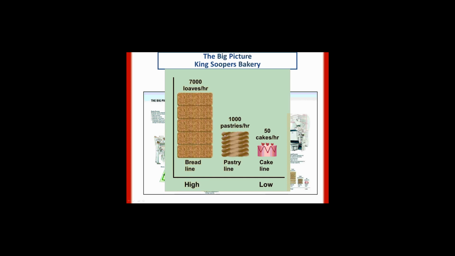The second line is the pastry line. Pastry line is considered maybe like a large, maybe a big batch or a large batch. Loaf of bread can be a line flow because 7,000 per hour is quite high.